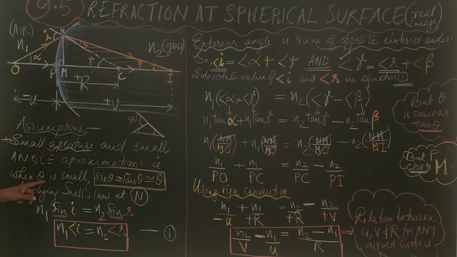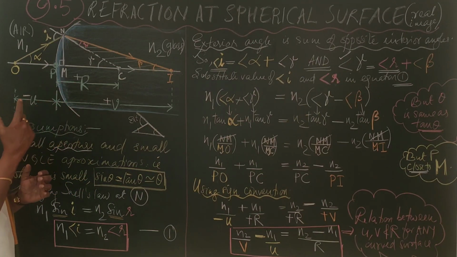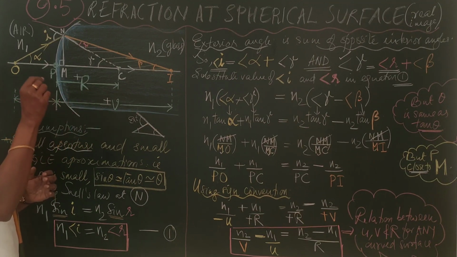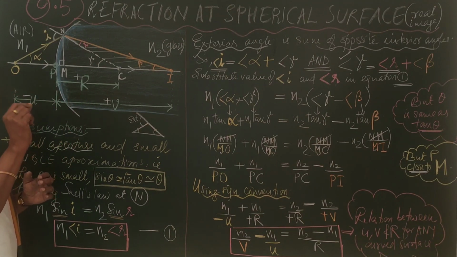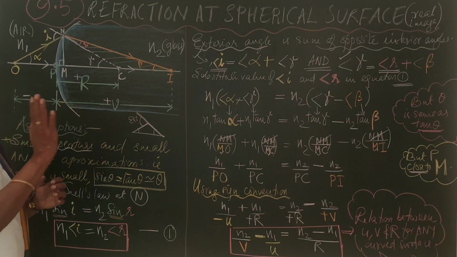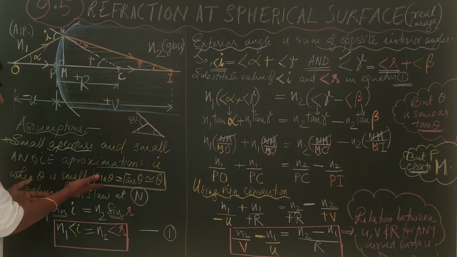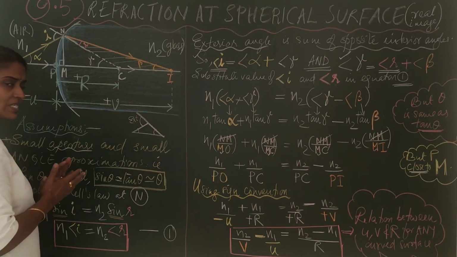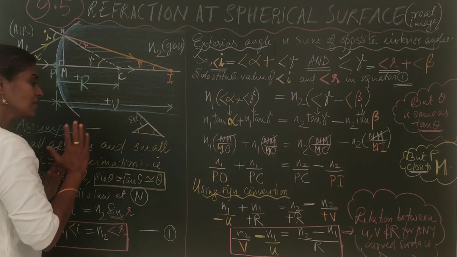You have done this approximation too many times right from class 11, where we discussed the oscillation of a simple pendulum. The formula 2π root L by g is applicable for small oscillations alone. So when theta is small, sin theta is theta, and tan theta is theta.